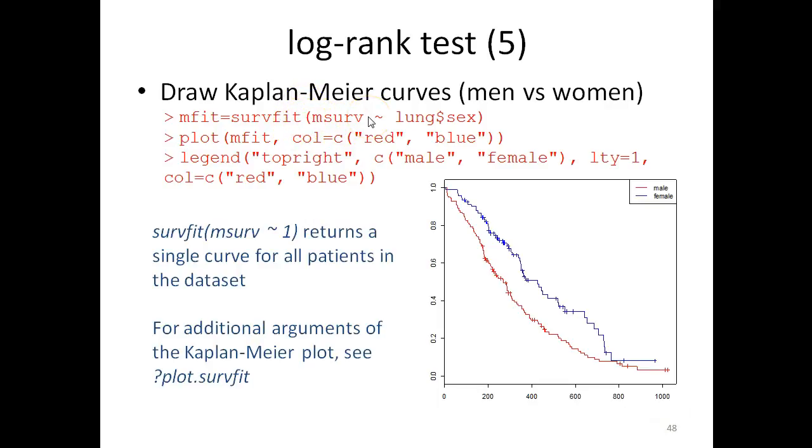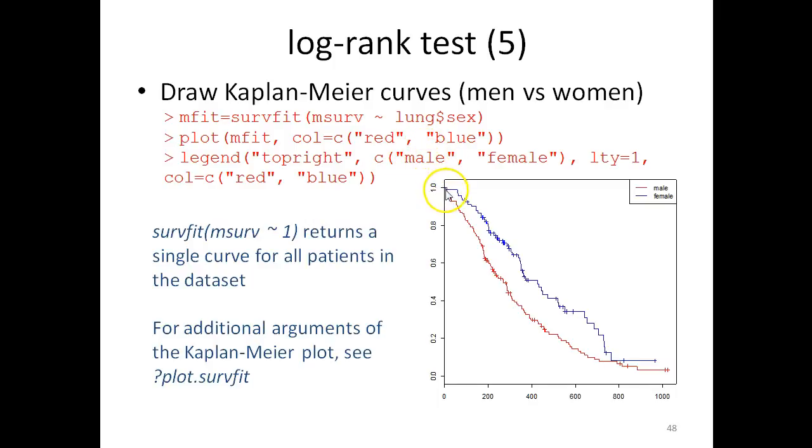The arguments needed for survfit are, in this case, the survival object tilde the grouping variable lung$sex, because we want to make separate curves for men and women. And then we simply plot the survfit object. We choose colors red and blue, and we make a legend telling everyone that red is male and blue is female. The order of male and female is because male was coded as 1 and females as 2, making the males come in first here.